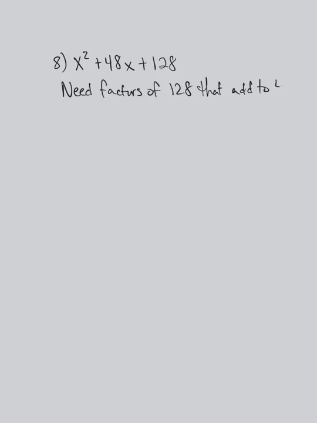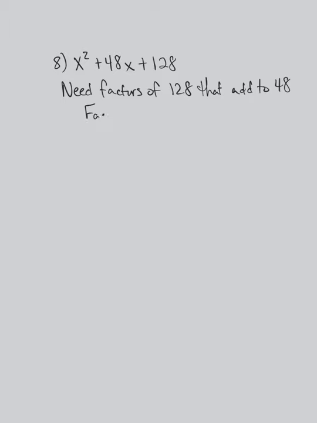Okay, so this is what I was talking about a minute ago. 128 actually has a lot of factor pairs. If you just try to do this by guessing and checking, it's easy to skip over factor pairs accidentally, and then you might say something's prime whenever it's not. So this is a big advantage to this more systematic way of doing it.